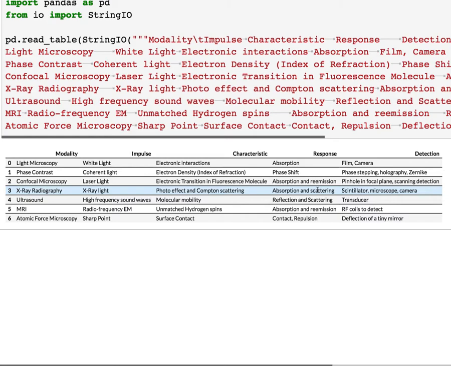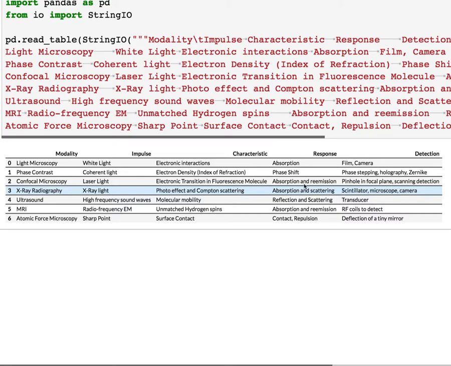The response is kind of this absorption and scattering, which makes the light not make it to the detector usually. And then the detector isn't a camera normally. It's normally a scintillator, which converts the X-rays into something the camera can see, and then a microscope and a camera.